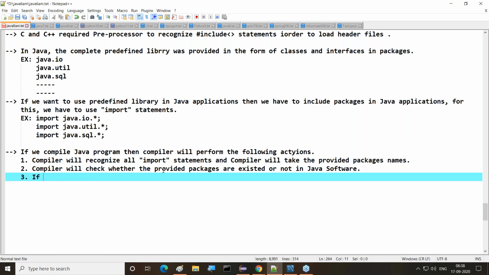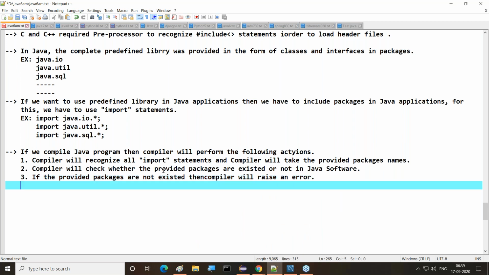If the provided packages do not exist, then what will the compiler do? Definitely, the compiler will raise an error. I can show the error message also: package XXX does not exist. XXX in the sense, maybe Java.type, maybe Java.util, or something else, whatever package names I specified. This type of error we are able to get.